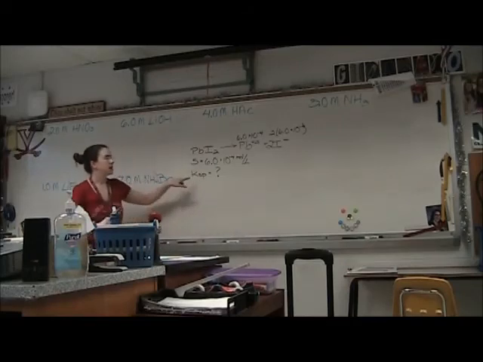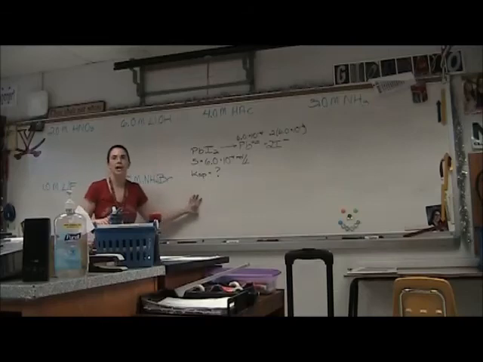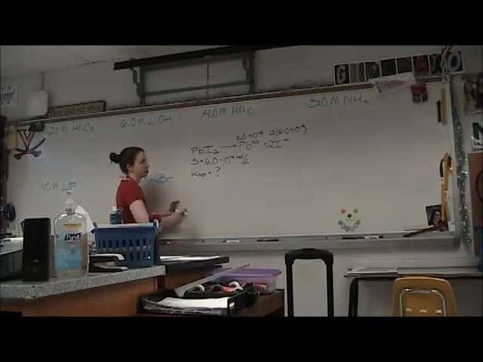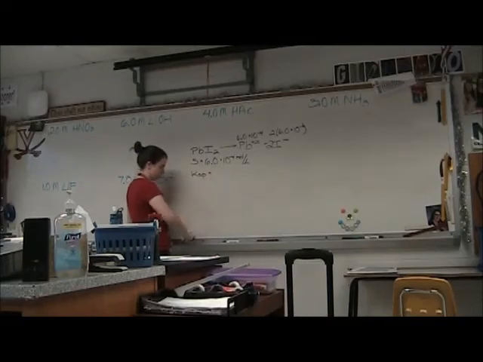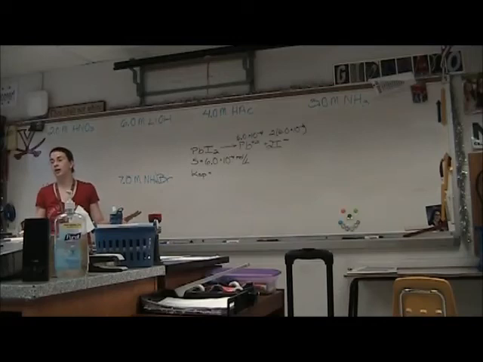In a lot of these free response questions, part A is going to be write the equilibrium expression, which means no numbers. You will be asked to do that for acid-base problems as well.